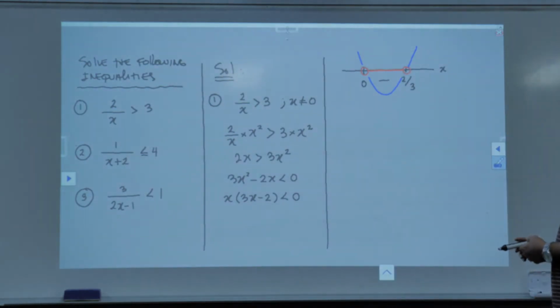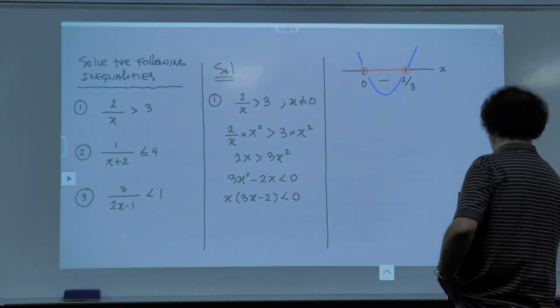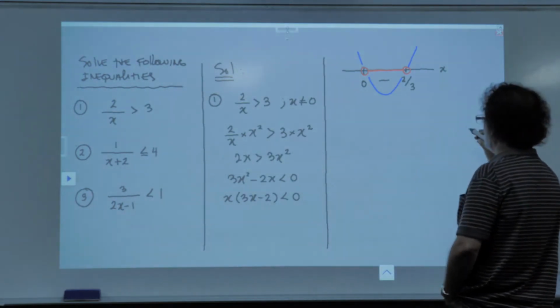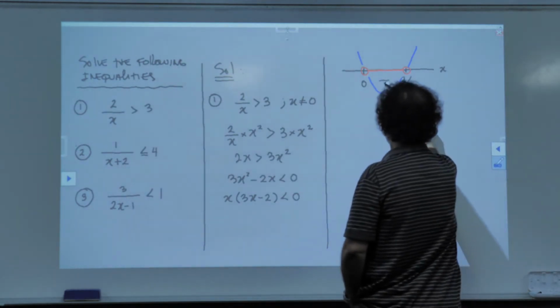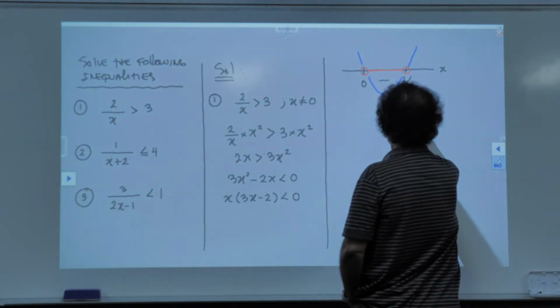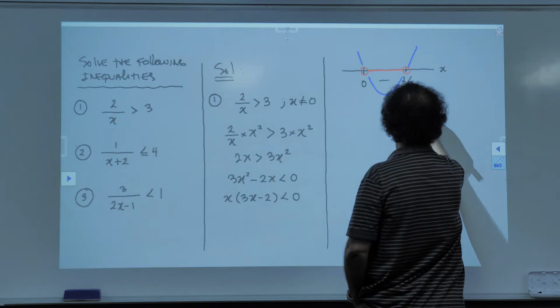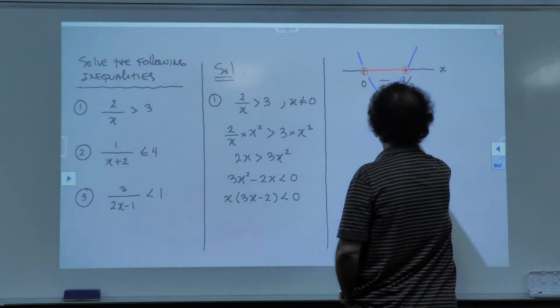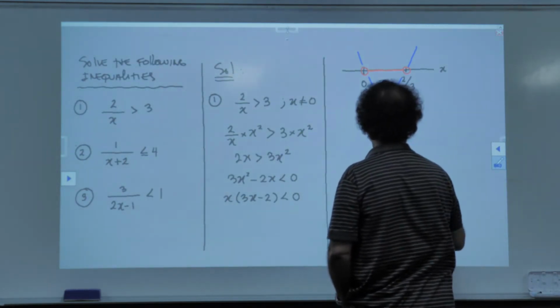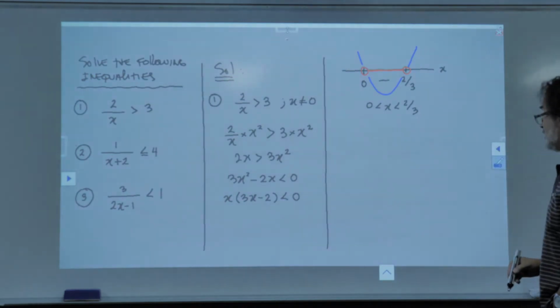So the solution is going to be inside of the interval. Then we're going to say x, and you can put the x right in the middle if you want. x is between two-thirds and 0, but we cannot touch 0.